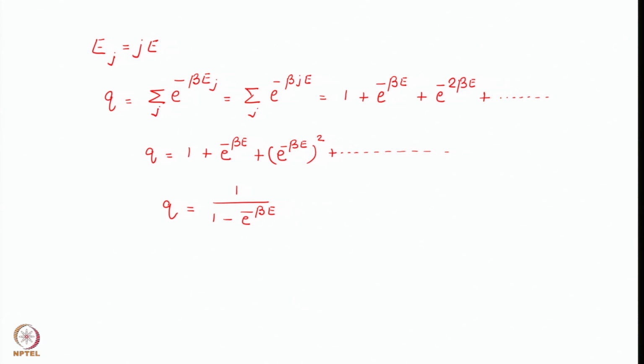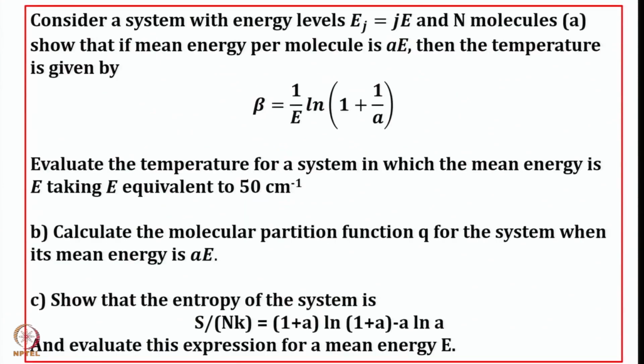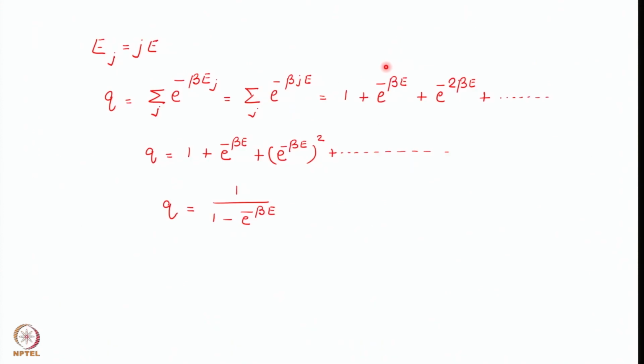But what is our problem statement? We have to show that this beta is given by 1 by E into log of 1 plus 1 by A, provided the mean energy per molecule is A times E. So, let us write down an expression for mean energy.